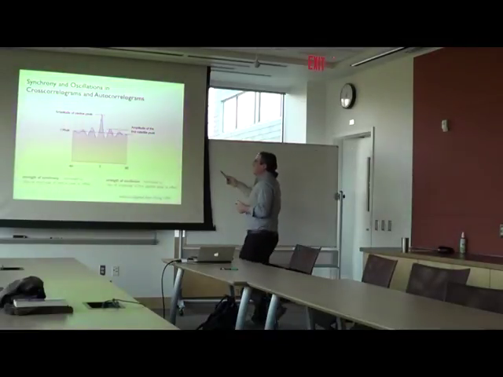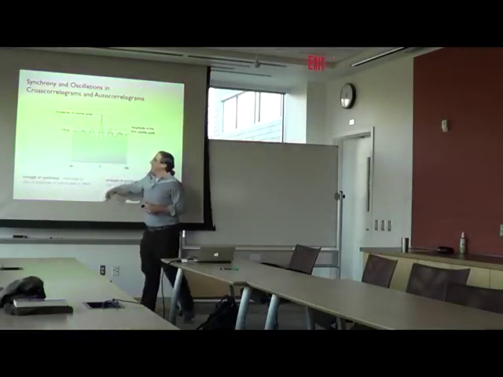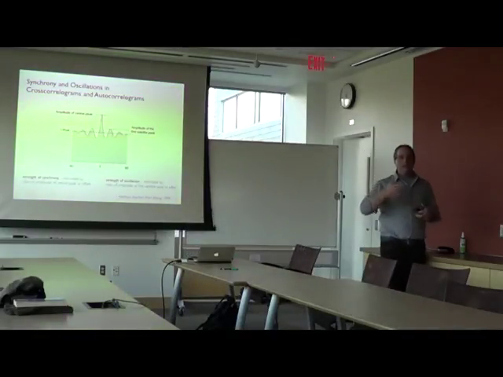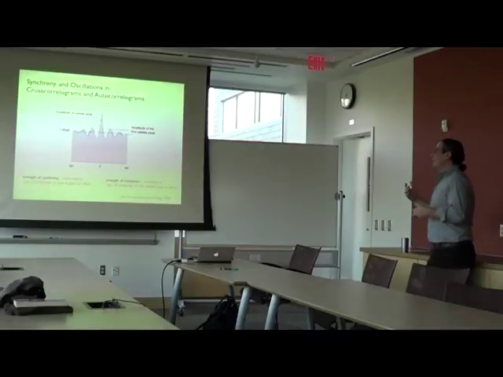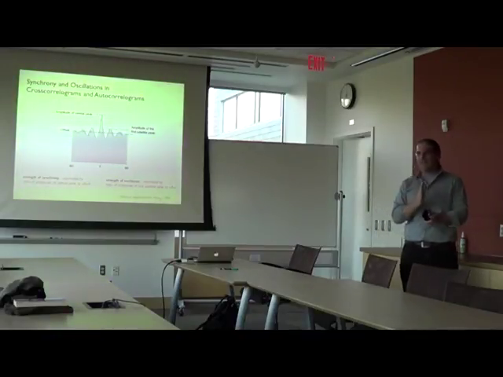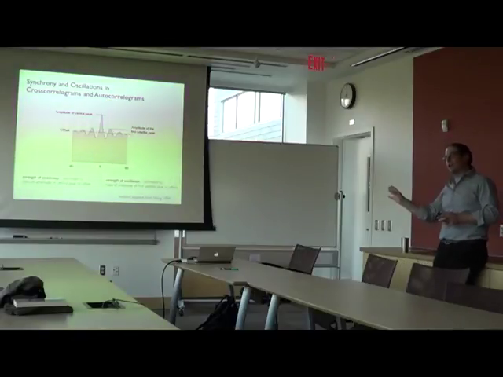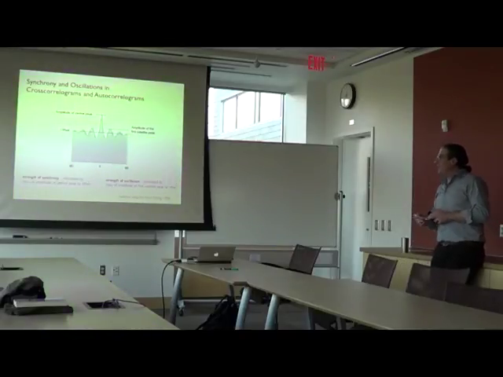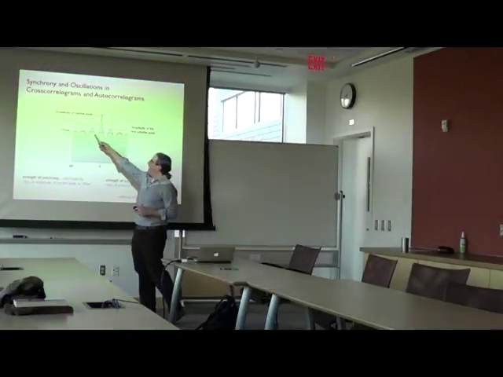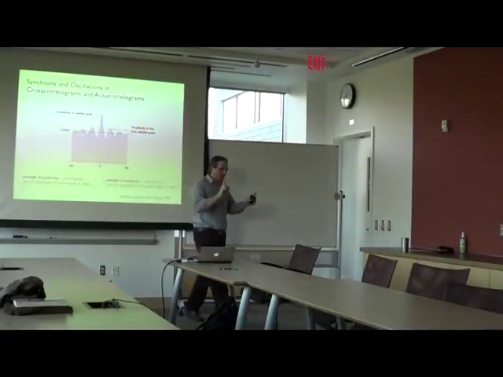Meaning, if this were completely flat, then no spike is really coinciding any more than at any other lag. But if this starts peaking, that means there are many more pairs of spikes that are coinciding across the data.